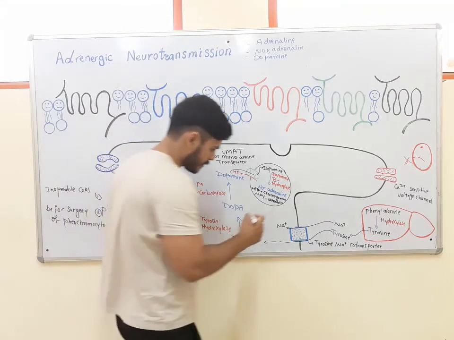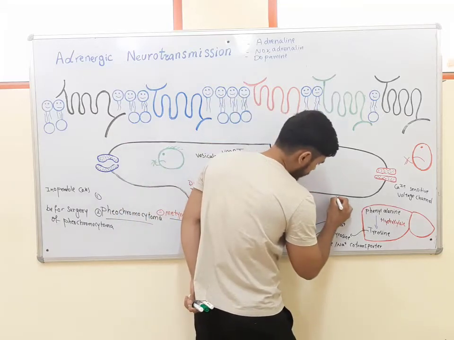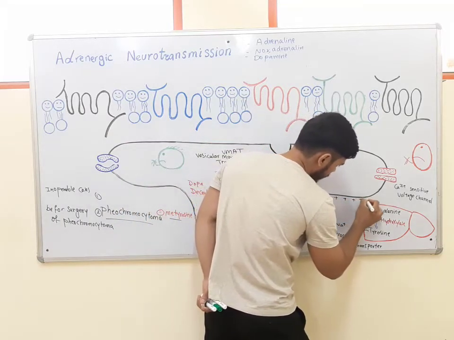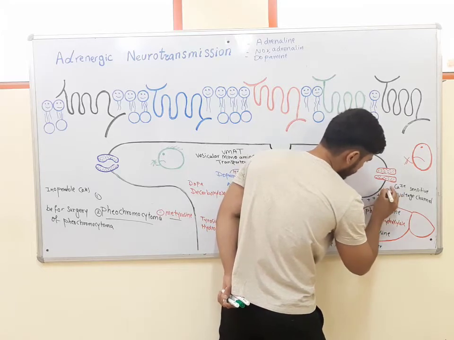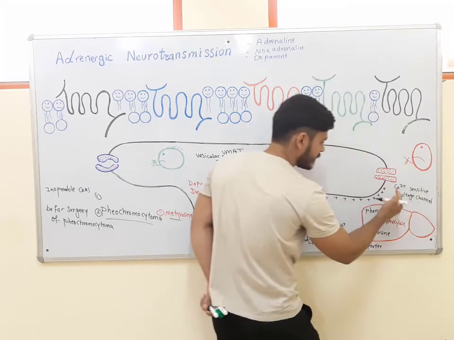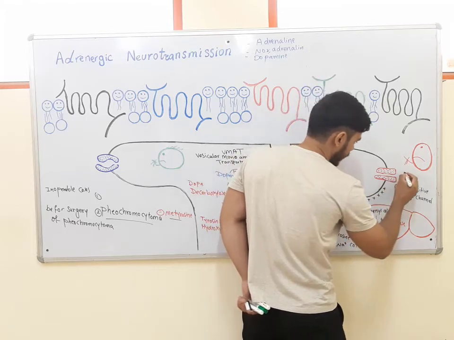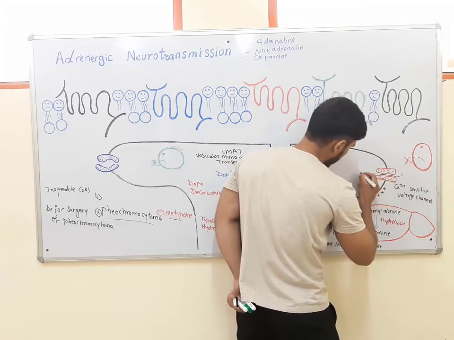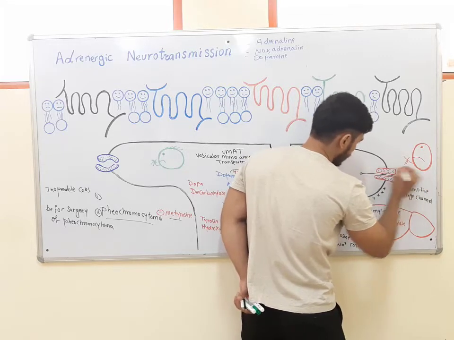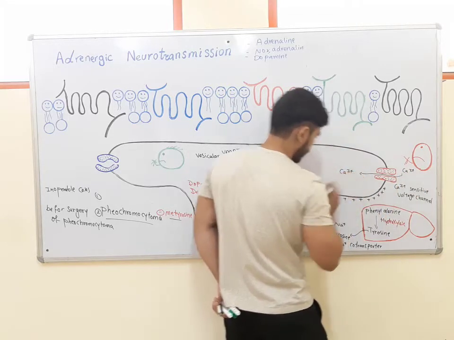When an action potential reaches the nerve terminal, it opens the calcium sensitive voltage channel, and by opening this channel there will be influx of calcium into the nerve terminals.